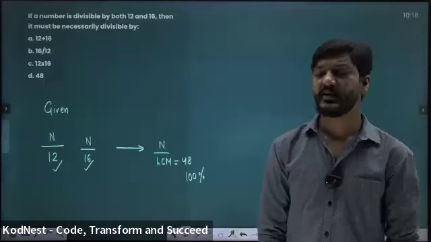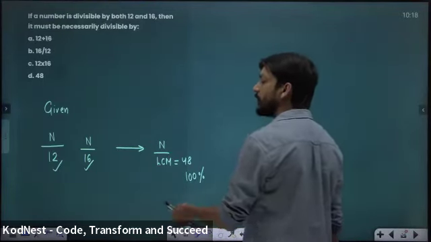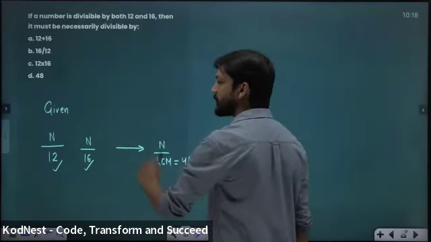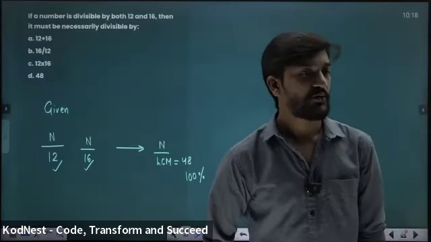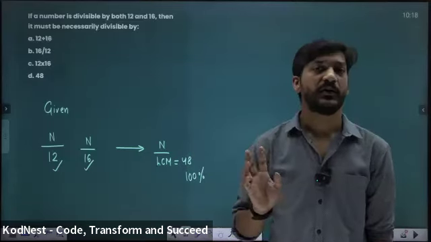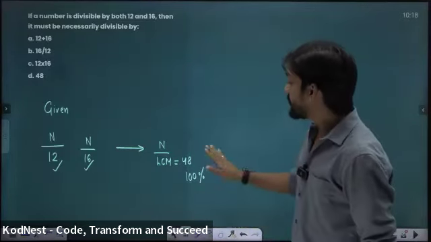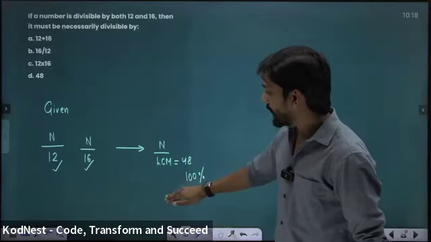Now you might say, sir, why not 96? Why not 72? Why not 32, sir? You might ask. So please ask your doubts based on this. I will clear it out. What doubts do you have? For 48, 100% surety I'm giving. For other numbers which are not factors of 48, don't tell me below 48.